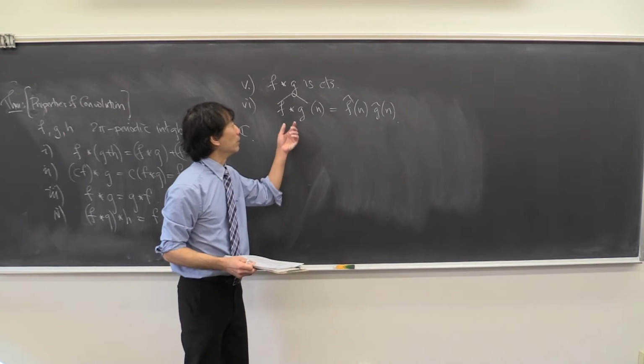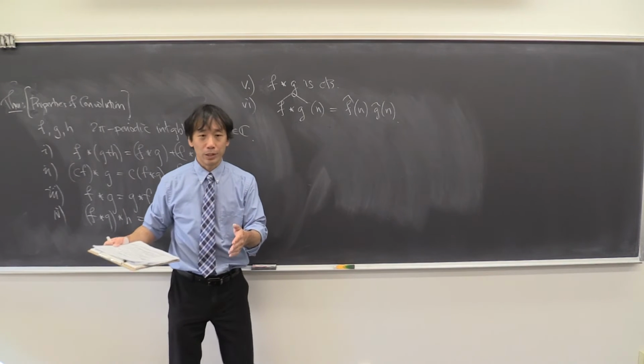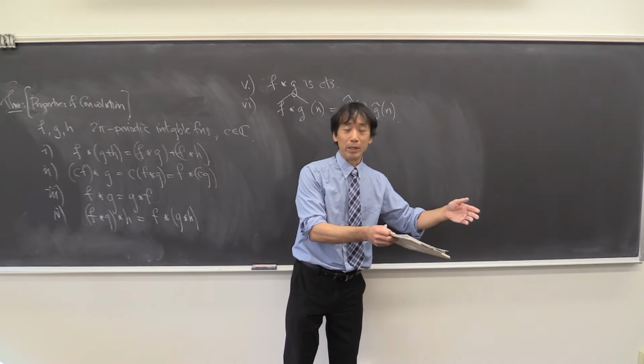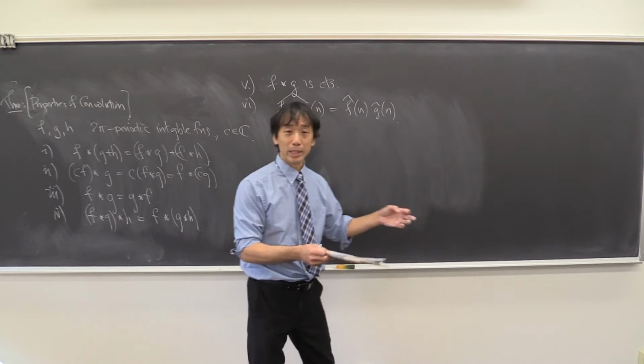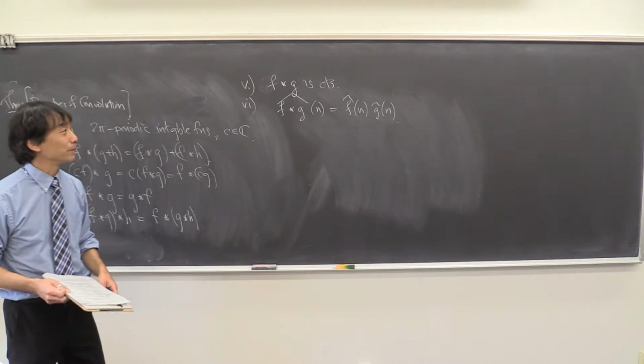So yeah, convolution in the function world turns into actual multiplication in the Fourier coefficient world. Okay, so it really is multiplication in some sense.